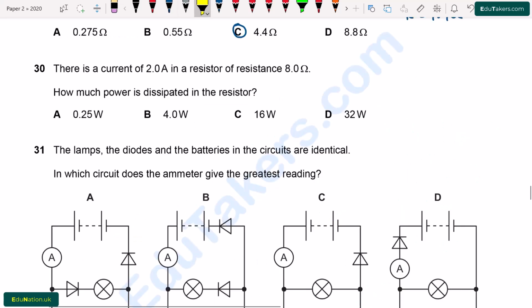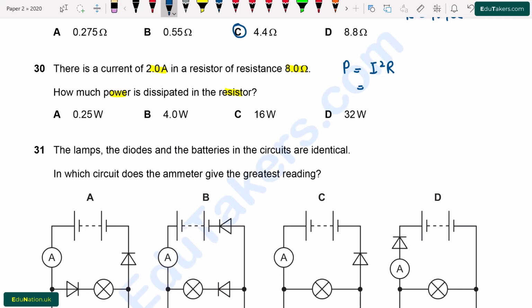Question number 30. There is a current of 2.0 ampere in a resistor of resistance 8.0 ohm. How much power is dissipated in the resistor? So here we have to find out how much power is dissipated. So here I use the formula P is equal to I square R. Current is given, which is 2.0 ampere, and resistance is also given, which is 8.0.